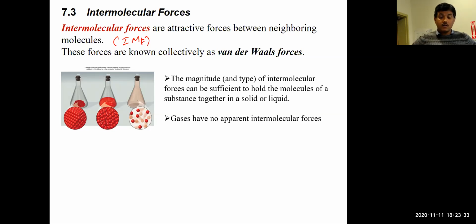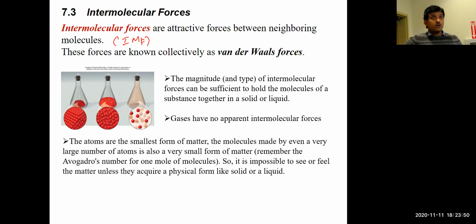So that's why you cannot see them, right? That's what we discussed. Now, we did not discuss what makes them stay in the form of solids, what makes them stay in the form of liquids, and why we cannot see gas molecules. Let's discuss that.